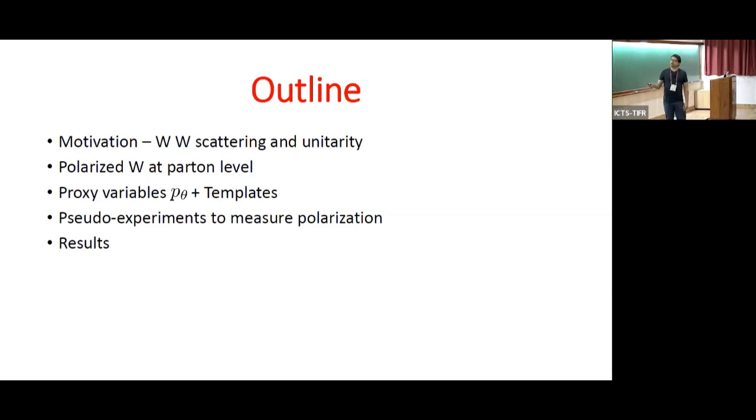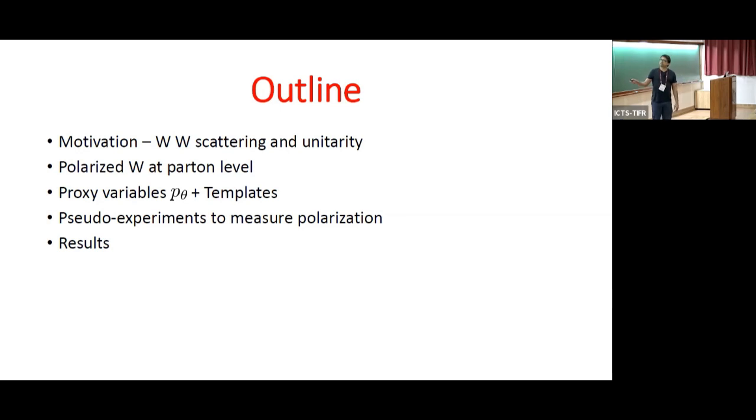In a detector, what we see is different from the partons, but I'll show you how we constructed a proxy variable P theta, which allows us to infer something about the parton level distribution, and therefore to reconstruct the polarization of the W boson.